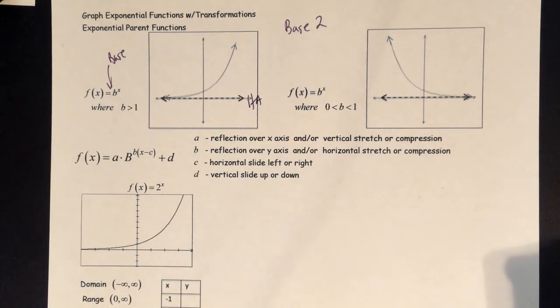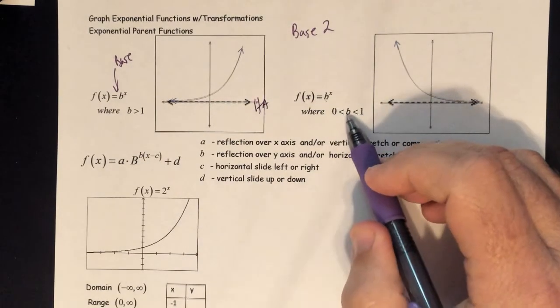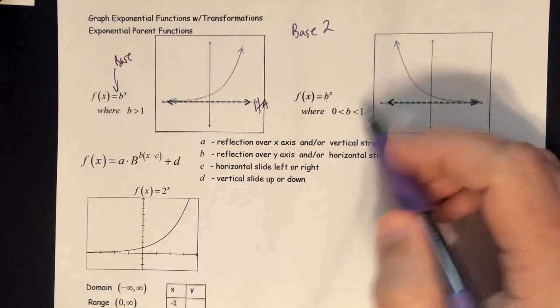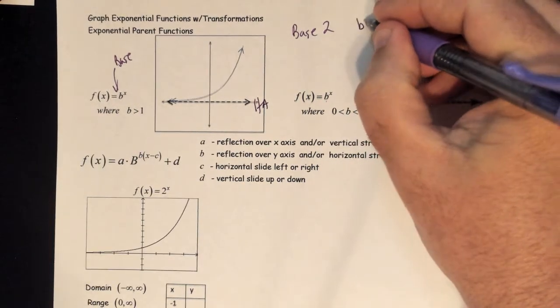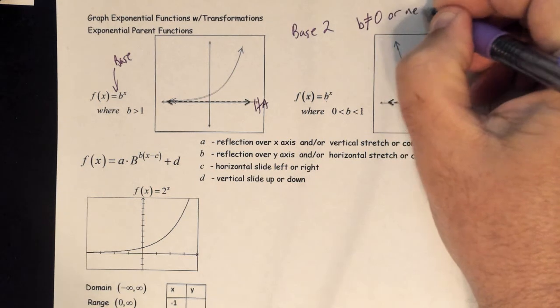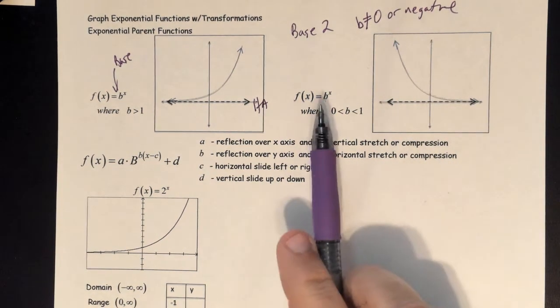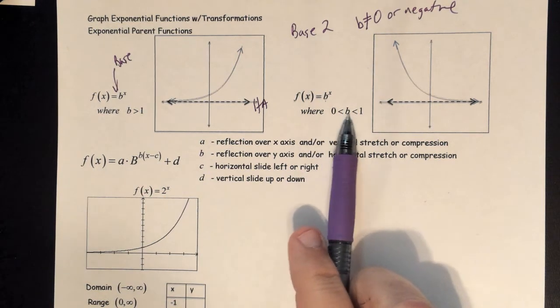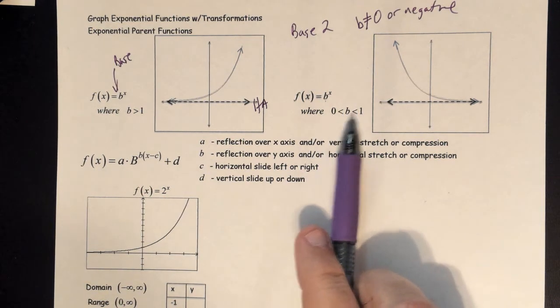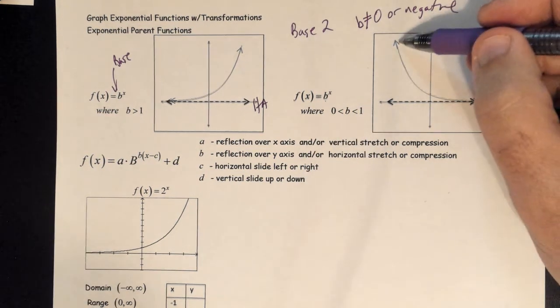Okay. Now, if that base, this value here, is a number between 0 and 1, and just FYI, the base cannot be 0 or negative. We can only have positives. But notice if I have this number between 1 and 0, which is a regular old proper fraction, notice the graph goes differently.